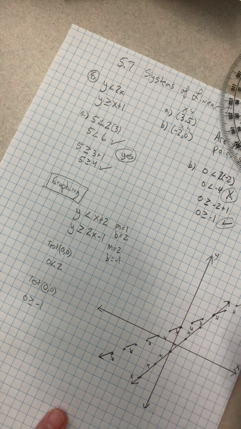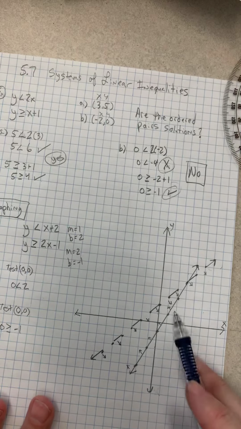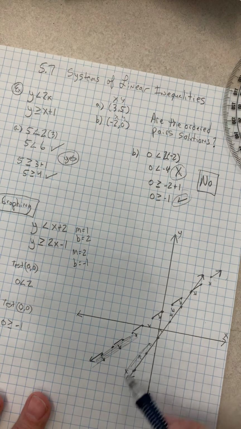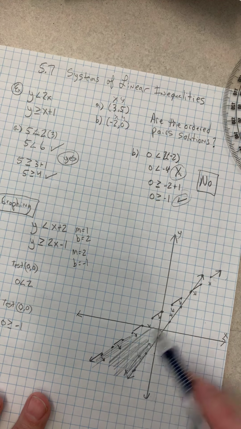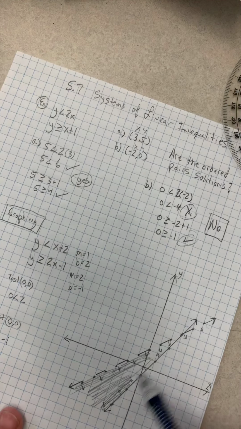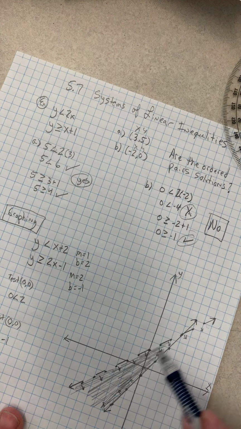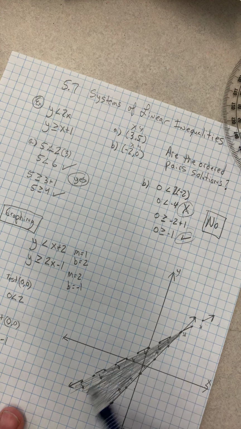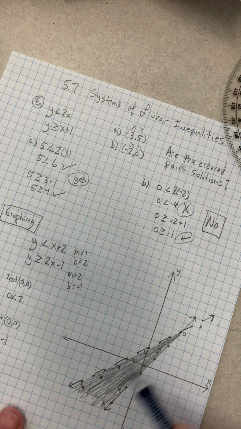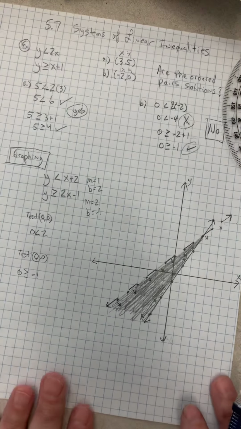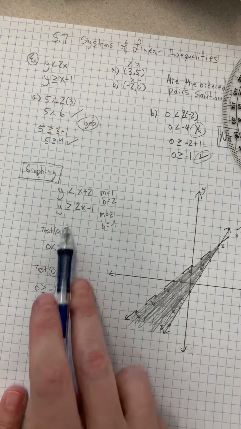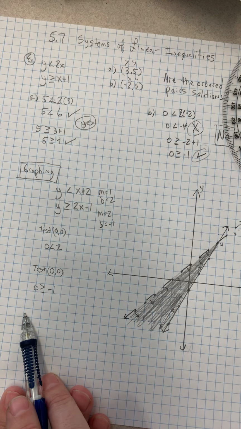Why do I draw these arrows? Because I only shade what they have in common. My solution is the area where they both are pointing those arrows to. It's what they have in common. It's the shaded region that's both of them, meaning any ordered pair that I pick in this shaded region is going to give me a true statement with these inequalities.